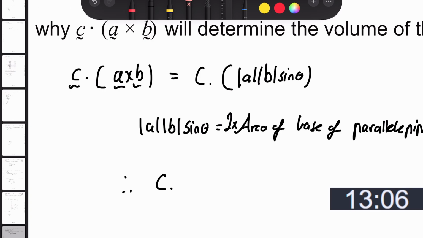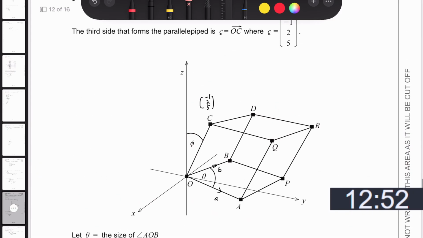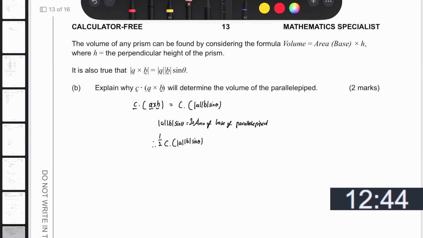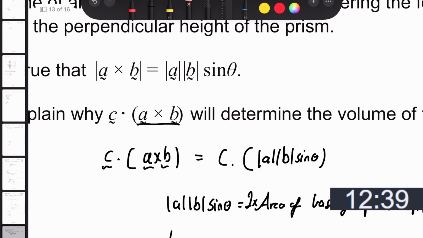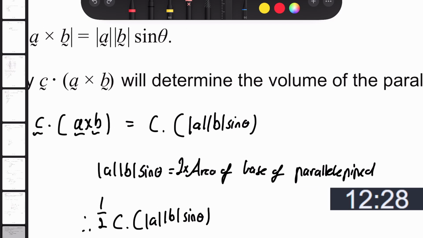And for C, so if I do half of C dot A sine of theta. I don't think I'm cooking, guys. I think this might be right. But AB sine of theta is twice the area of the parallelepiped.